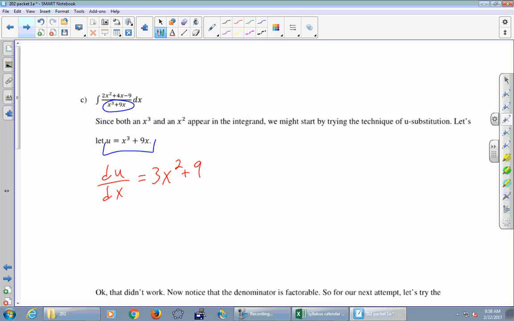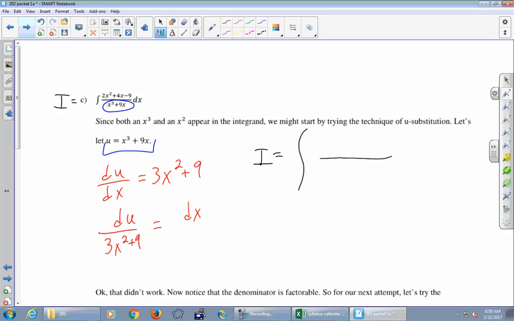And then remember, we solved this equation for which? For dx. So the dx goes on the top right, 3x squared goes down bottom left. Okay, so we're going to get our u in here.